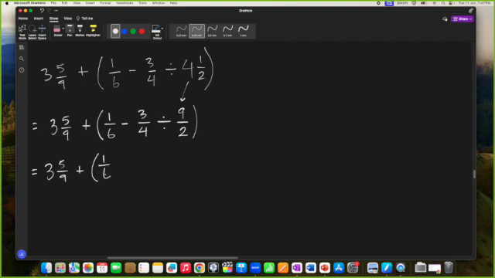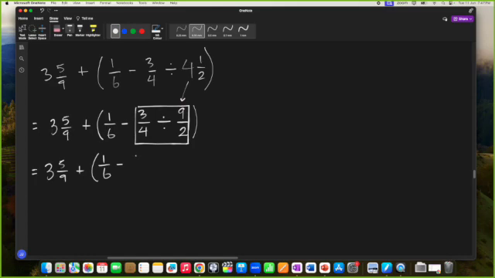I am changing this, minus. You know that BODMAS says you have to do this first. This is what you have to do first. You can't go 1 6 minus this. This is BODMAS. You have to do your division first, right?